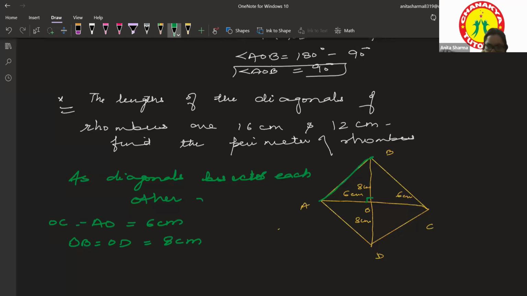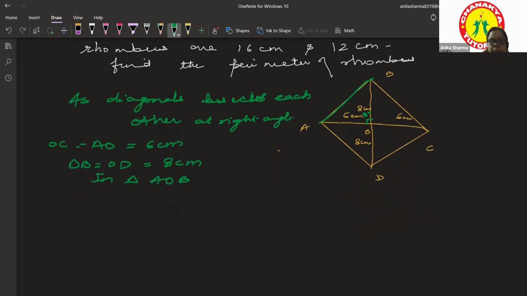And diagonals bisect each other at right angle, so this is 90-degree angle. So in triangle AOB, children, I am asking this thing again and again. If this type of question comes in 2 or 3 marks, just write each and every step. Clear, beta?